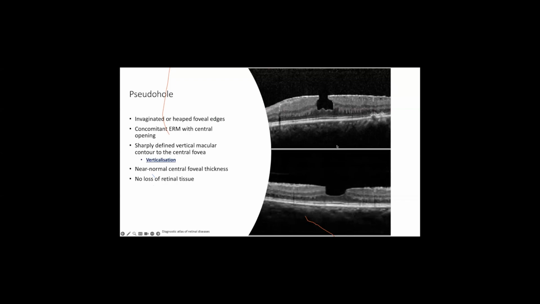And it's not a real hole because once again, you see all the layers, the ellipsoid layer, everything intact. Patients can be quite worried about this, and their symptoms will be similar to ERM symptoms. Generally, I would operate on these. I would give them a lot of counseling prior just to make sure that expectations are met.